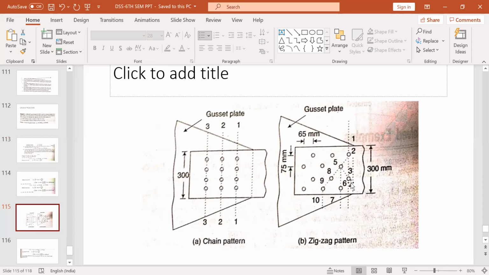See here, first it is one line. Then you are staggering one time. In this section, only one time staggering is there. But in the section 1, 2, 5, 3, 4, the number of staggered pitches n dash will be 2. First stagger will be here, and then from here to here, another stagger. So you have to keep in mind the values of n and n dash.